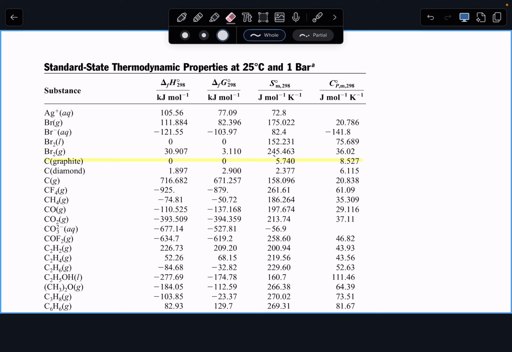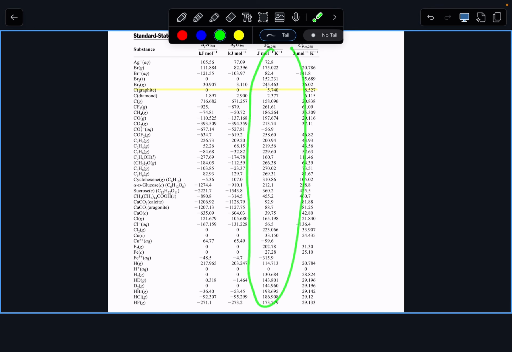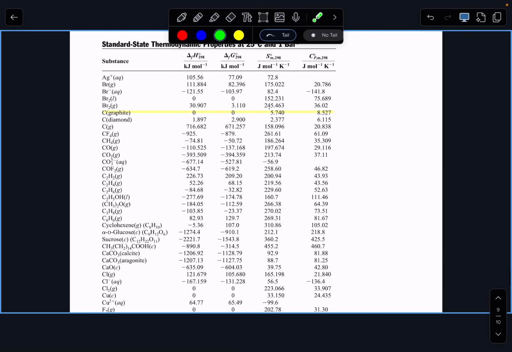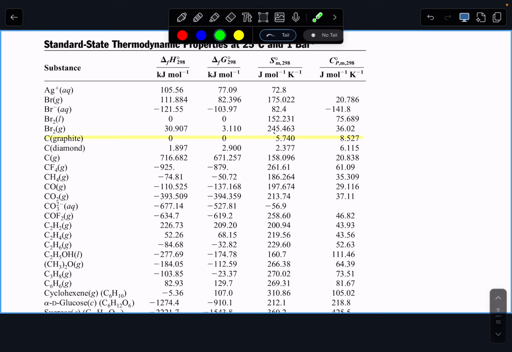In fact, if you look at the entire table, none of the things in this entropy column are zero, maybe except for H plus, because it's just a proton, but everything else has a positive number. All right, so just keep in mind, don't make that mistake of saying that even if the element is in its reference form, its conventional entropy is 0.